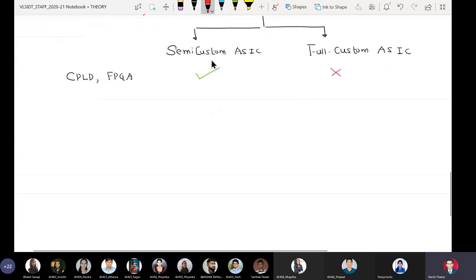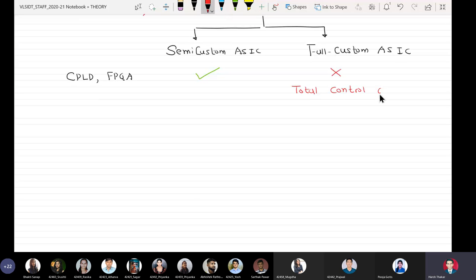So in full custom ASIC, you have total control over propagation delay, power dissipation, and area. How much will be the area in micrometer square? How much will be the maximum power dissipation, or how much will be the minimum propagation delay? So there we have full control.